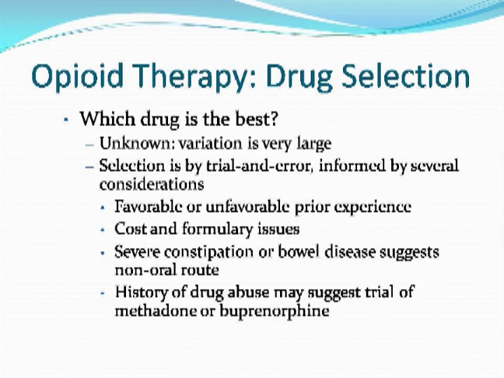I don't know if you guys were in practice when that happened, but Duragesic came out 15, 16 years ago as a reservoir patch, which basically means there was a semi-permeable membrane with a plastic cover, and within that pouch, there was a high concentration of fentanyl. The 100 mic an hour patch had 10 milligrams of fentanyl in it, right?